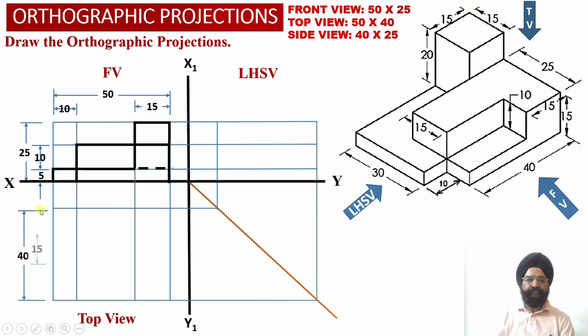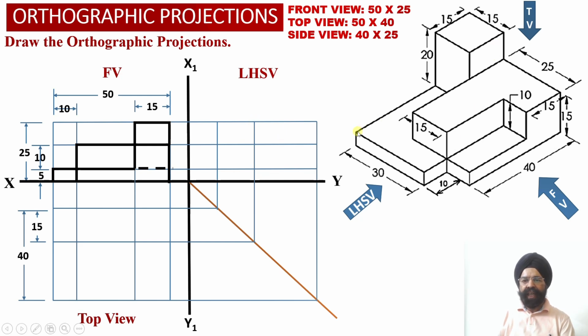So we are going to mark a distance of 15 millimeter from the rear face of the solid. We have obtained a horizontal projector line into the top view orthographic projection area, and we have transferred this distance of 15 millimeter using this transfer line onto the left hand side view projection area over here.